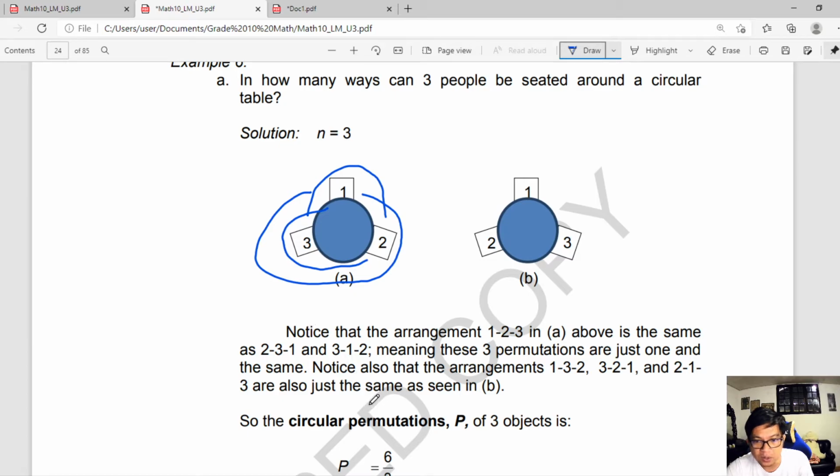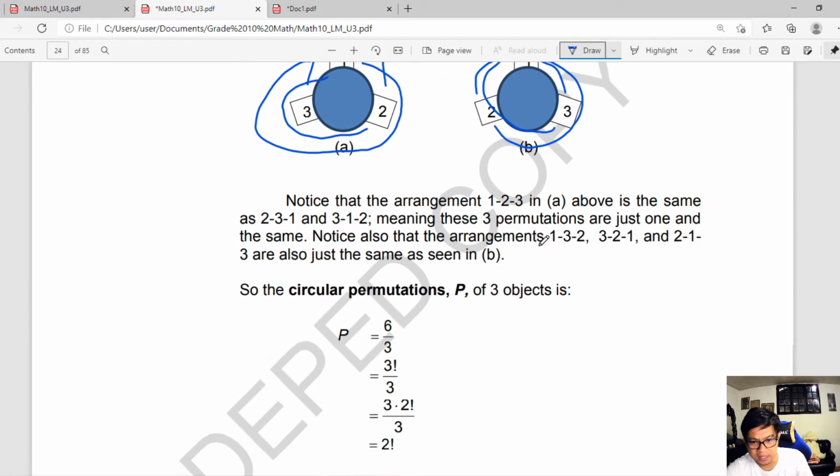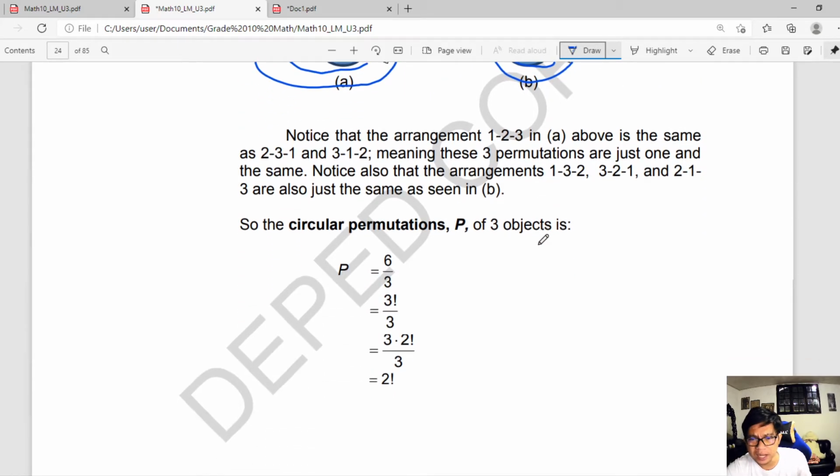So notice also that the arrangements 1, 3, 2, 3, 2, 1, and 2, 1, 3 are also just the same. So we have 1, 3, 2, next is 3, 2, 1, and 2, 1, 3. The same lang yung arrangement nila. So the circular permutation of objects is this one.